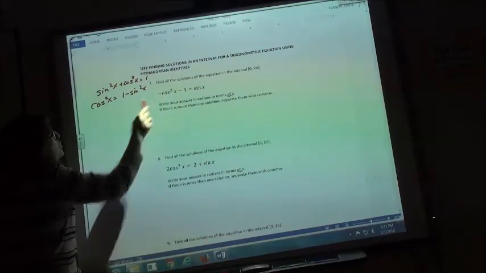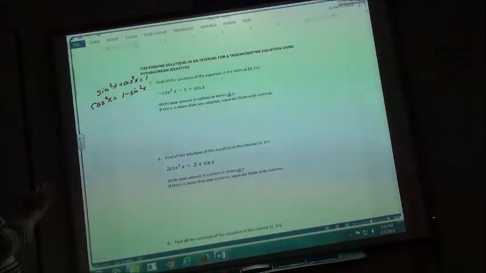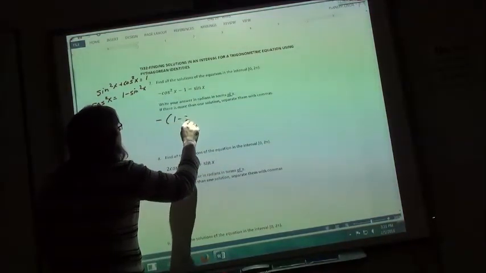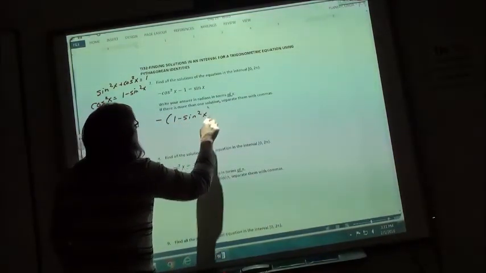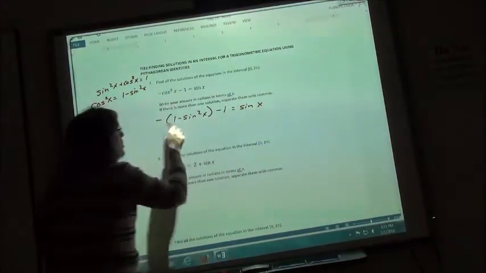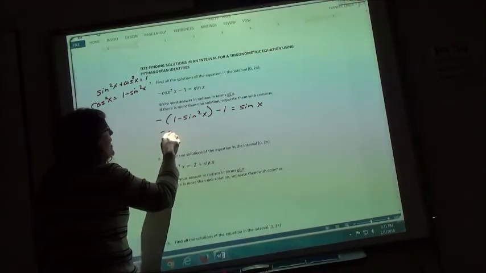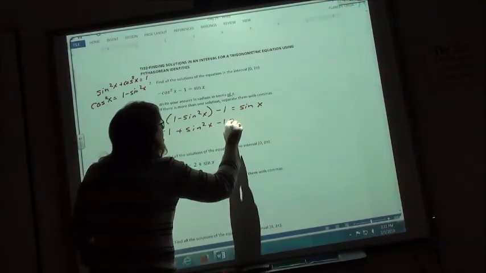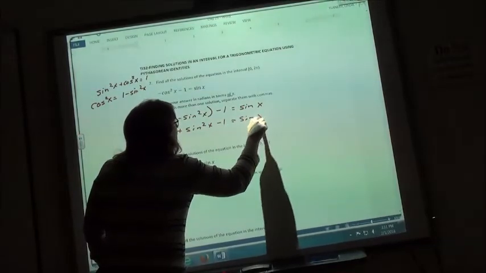I'm going to substitute that into my equation so that I have it written in terms of just the sine only. So I'm going to have minus (1 minus the sine squared of x) minus 1 equals the sine of x. Using my distributive property, negative 1 plus the sine squared of x minus 1 equals the sine of x.